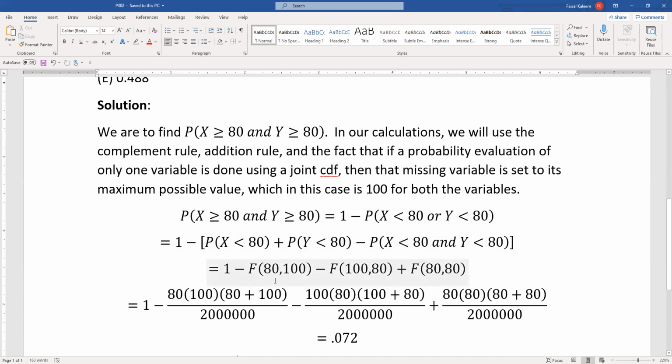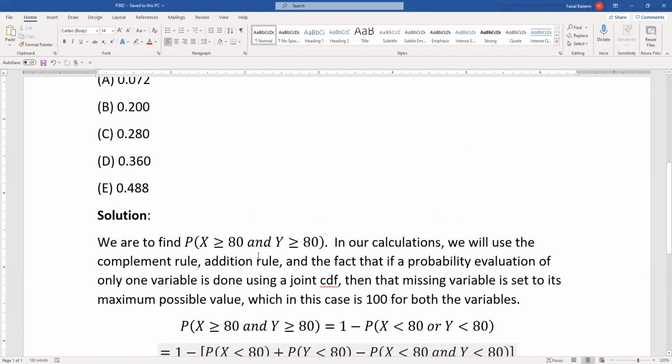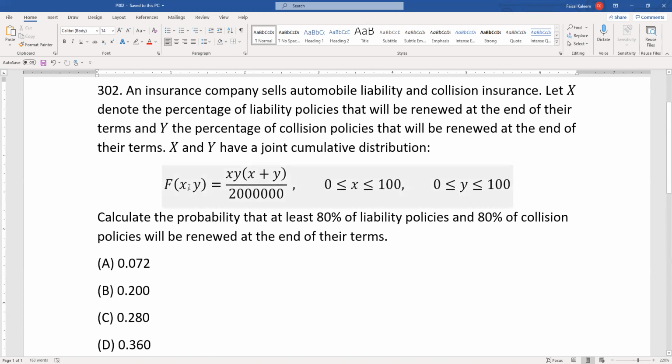Now remember, this is a joint CDF that we have. If it was just a single variable CDF, then you know that the probability X less than 80 would be the big F of 80. But now this CDF is a joint CDF. So from a joint CDF, when you are talking about just the probability of one of the variables, it means you let the other variable go to its maximum value, because that's what all possible values of the other variable means, the maximum CDF.